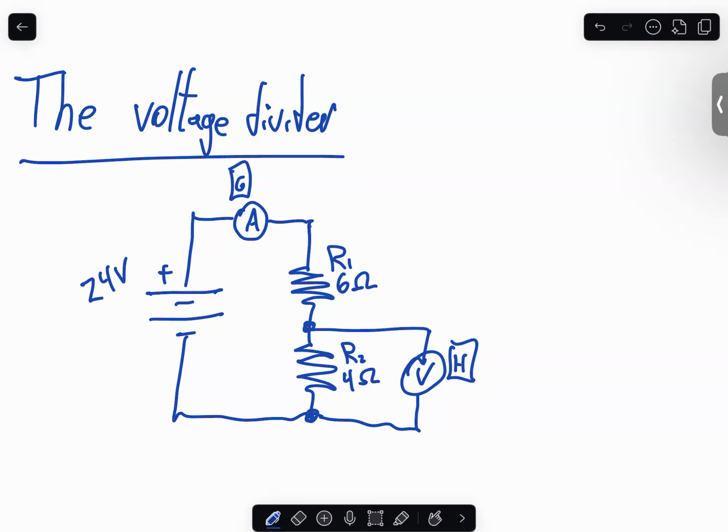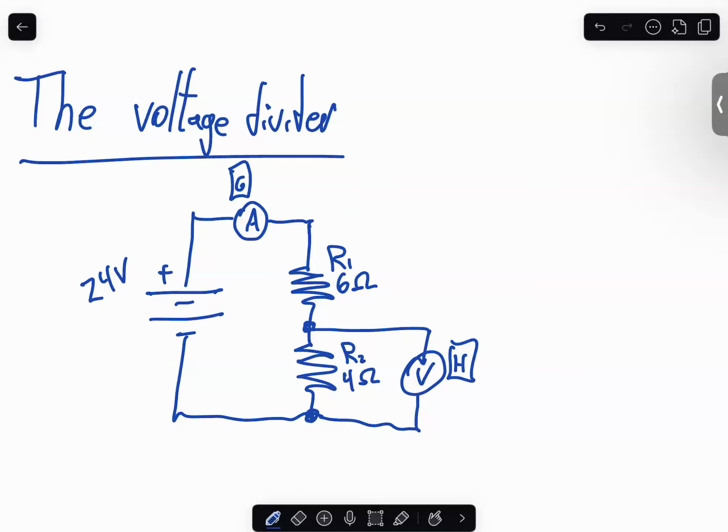You could say this as a single, short, easy phrase. The voltage across each resistor is the total voltage times that resistor's fraction of the total resistance.